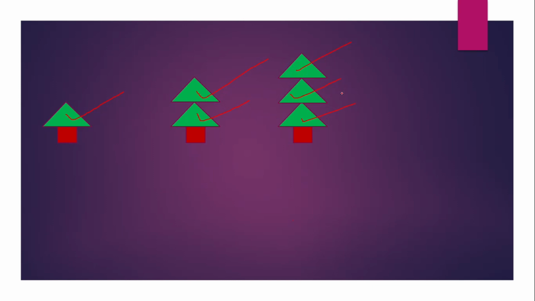So what will be the next number of triangles in the next tree? 1, 2, 3 and the fourth one, 4 triangles.